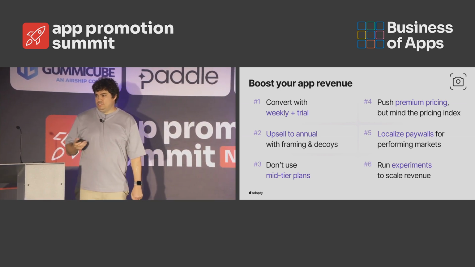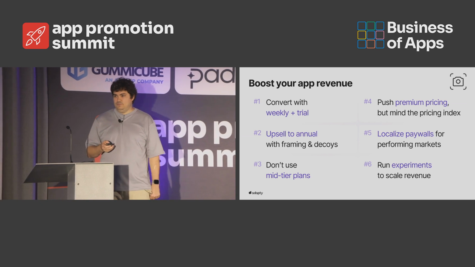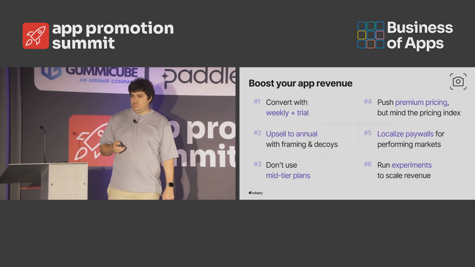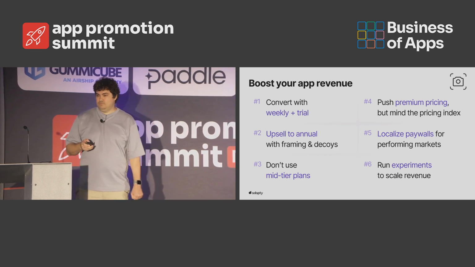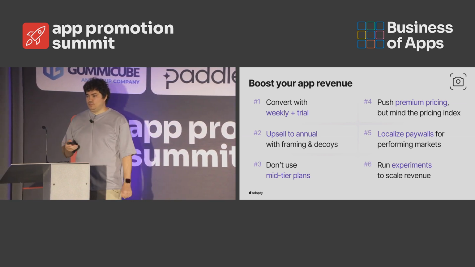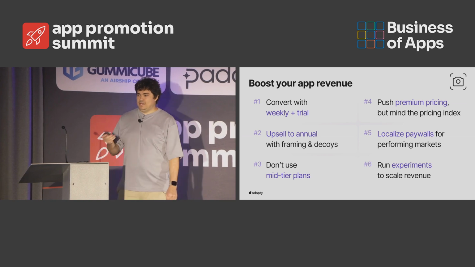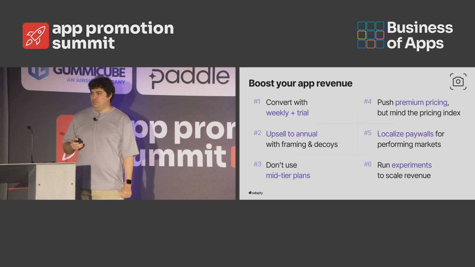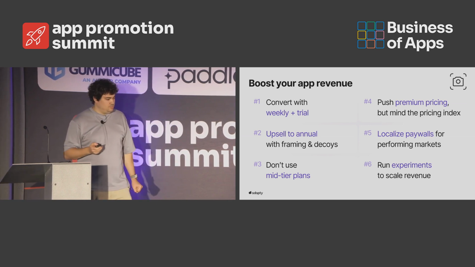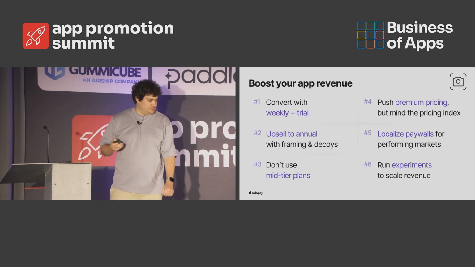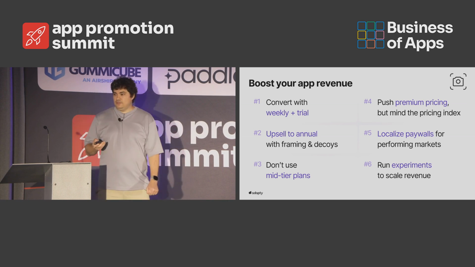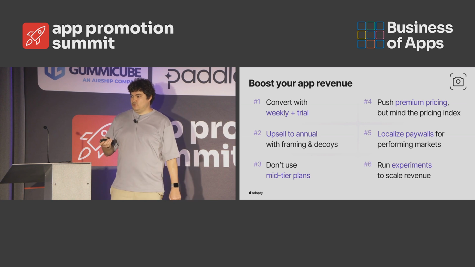Do not use mid-tier subscriptions because they perform poorly across all segments. Instead, push premium pricing, but mind that in some countries you cannot sell a subscription for, let's say, $100, because it's going to be too expensive for them. For that, you have to be aware of the subscription pricing index that we will share today. Run experiments and localize the paywall.